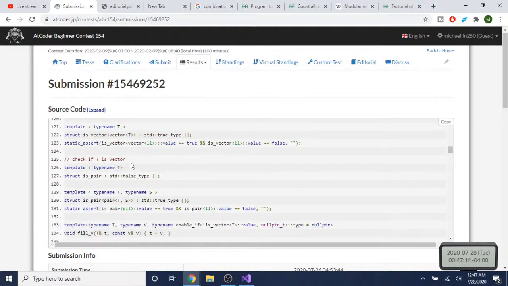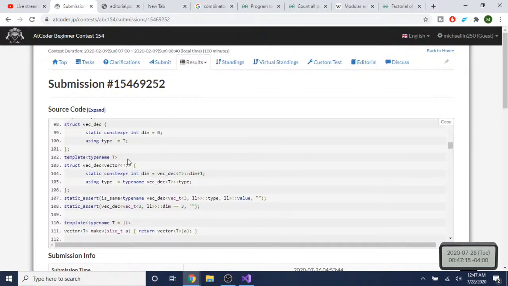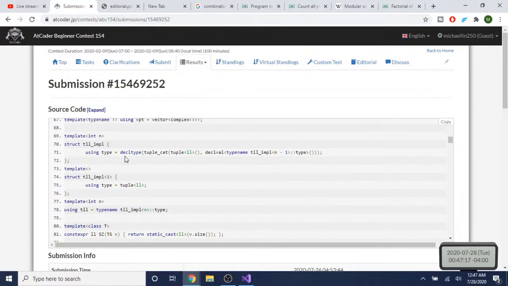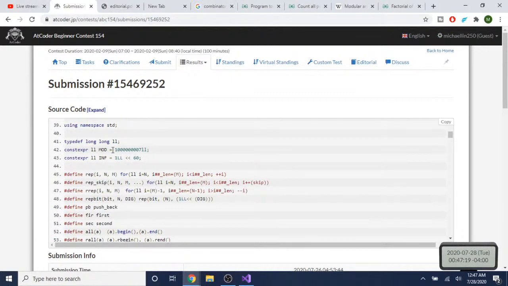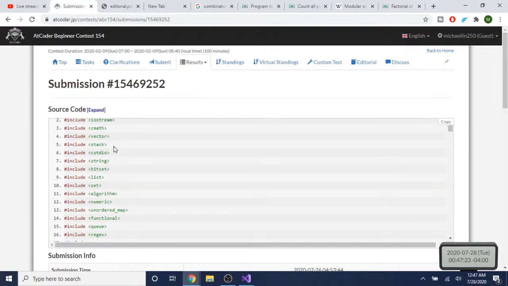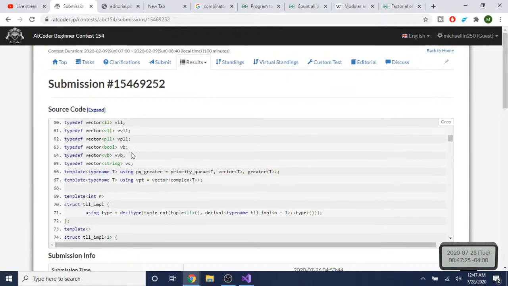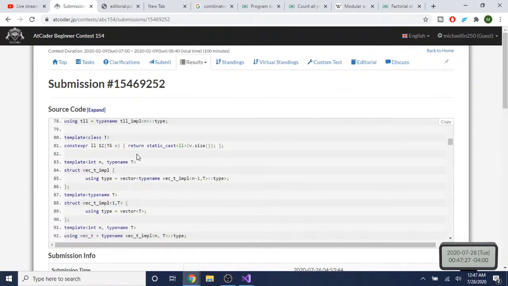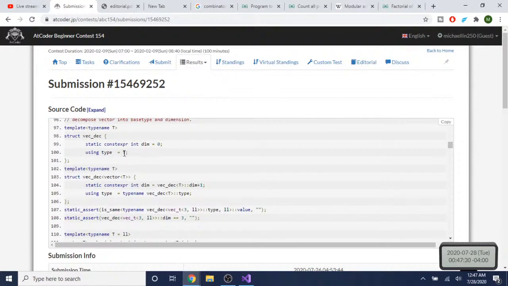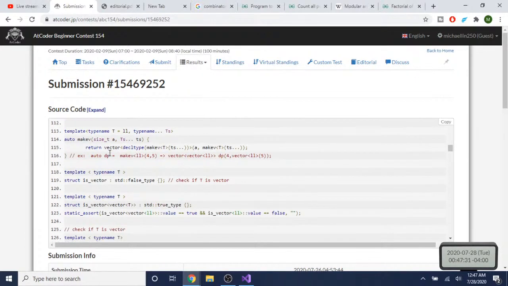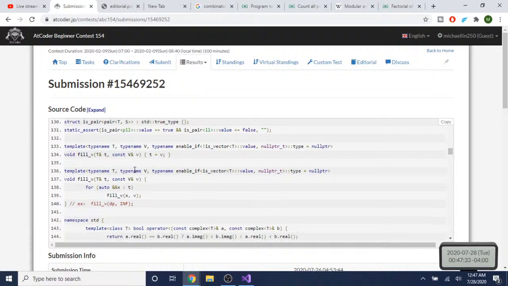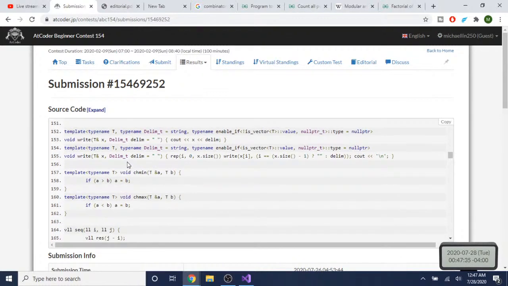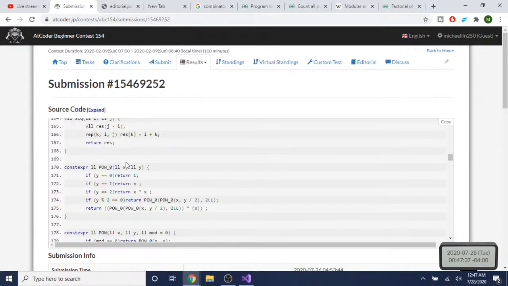Maybe whenever you do competitive programming, you should write a bunch of presets to deal with the overflow and all this other nonsense, and once you deal with it, you can just use it anytime you want. Make your own libraries dealing with overflow, so you don't have to deal with it during the contest.